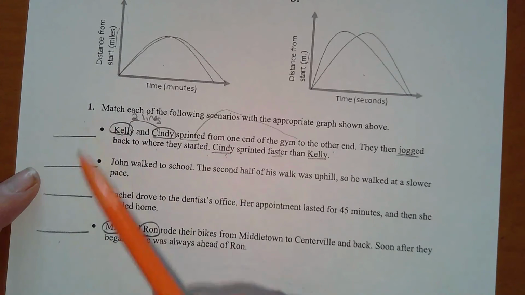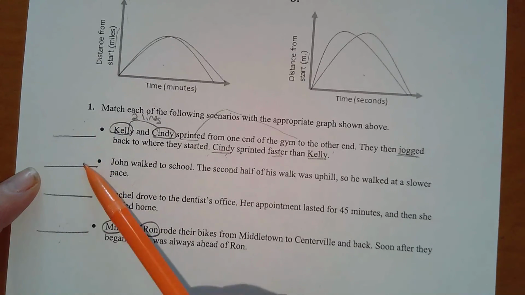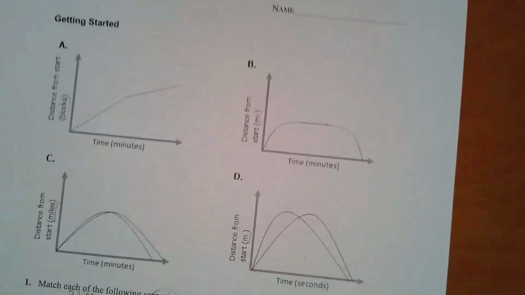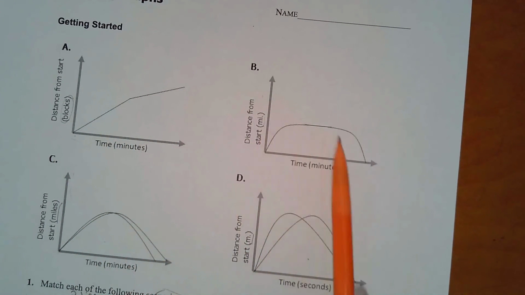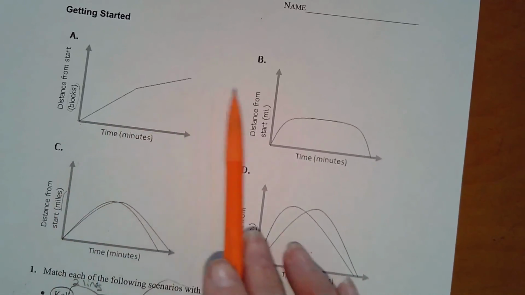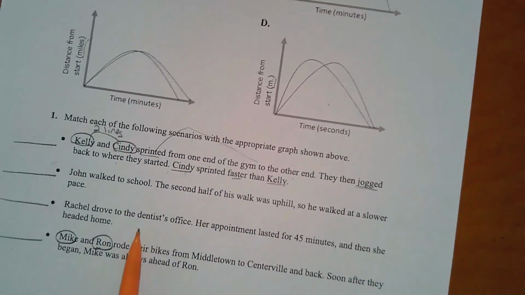So C or D will go in these two blanks, which means A and B need to match up with these two blanks. It would be a good idea if you sort of wrote part of the story onto the graphs, make some notes about what is going on to help you come up with your answers.